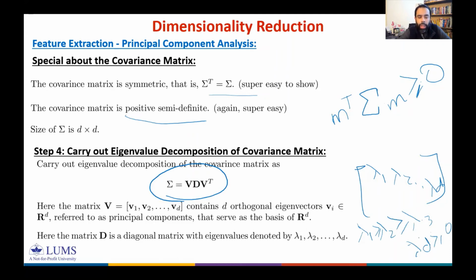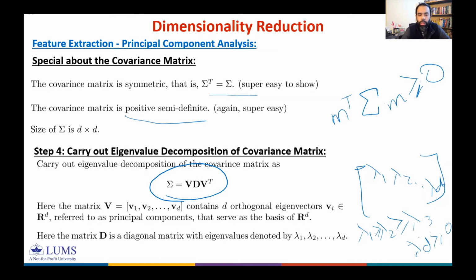Lambda 1 is the eigenvalue associated with the eigenvector v1, lambda 2 is associated with v2, and so on. So we have obtained the principal components.